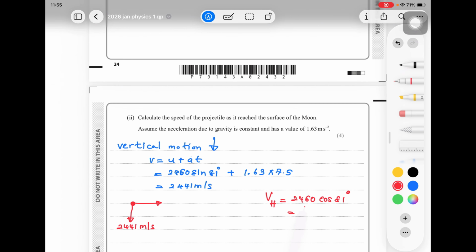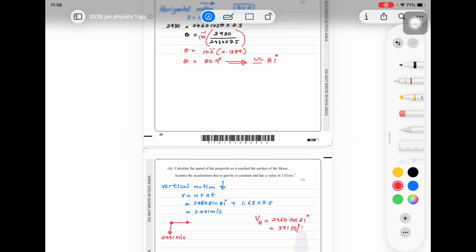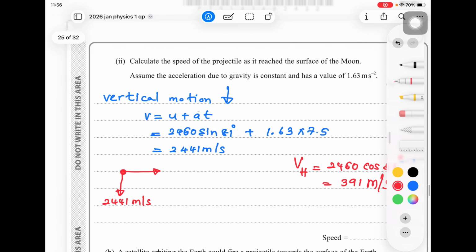That is also easy, because we got that value in our previous question. This is 391. So we have this angle too.